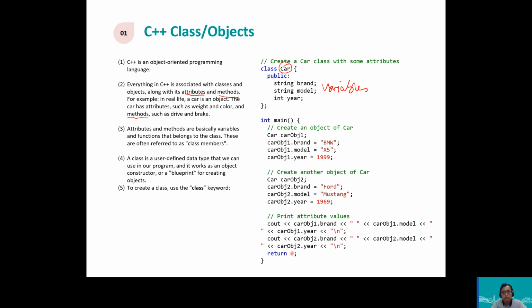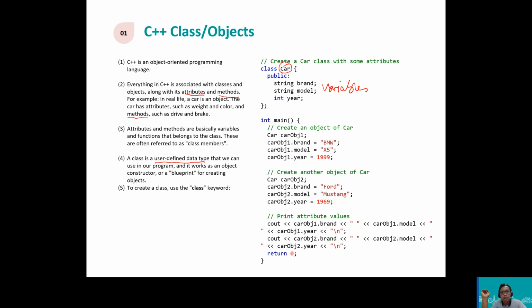In this example on the right side, it is all about the attributes of the object or the class. So a class is a user-defined data type that we can use in our program, and it works as an object constructor or a blueprint.